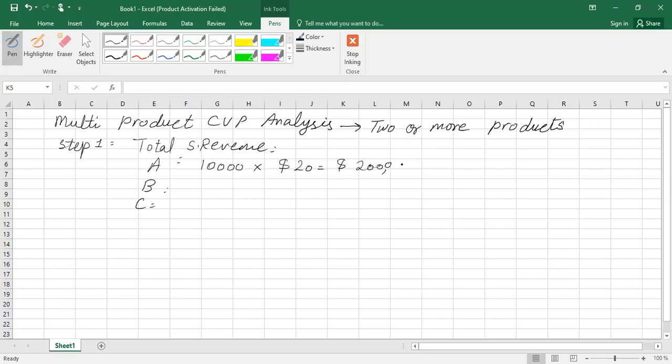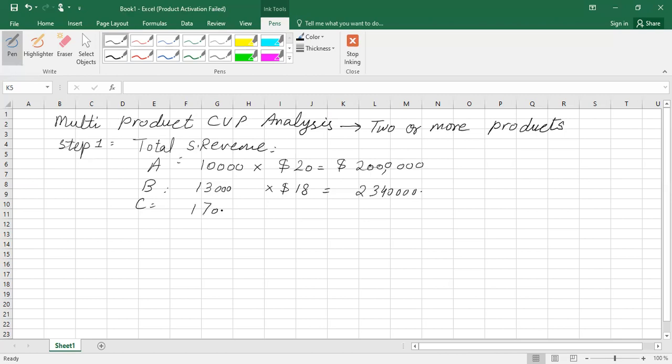Sorry, it is 2 million. For B, my demand is 13,000 and my selling price is suppose 18. So if I multiply 18 with the 13,000, it is 2,340,000.